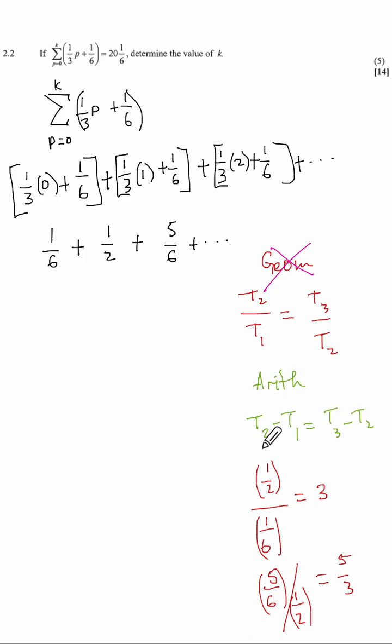To see if it's arithmetic, I do subtraction. I say, what is half minus 1 over 6? Half minus 1 over 6 is a third, 1 over 3. What is 5 over 6, which is the third term, minus the second term, minus half? Again, it gives me 1 over 3.